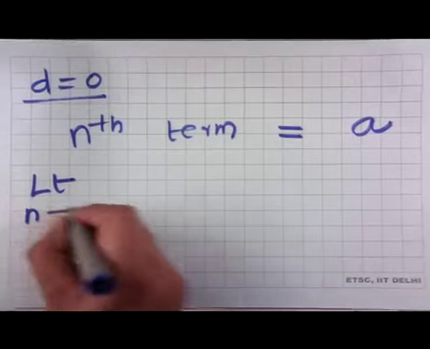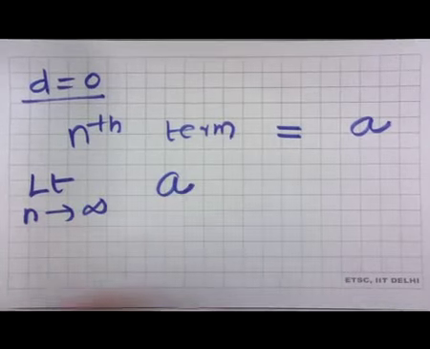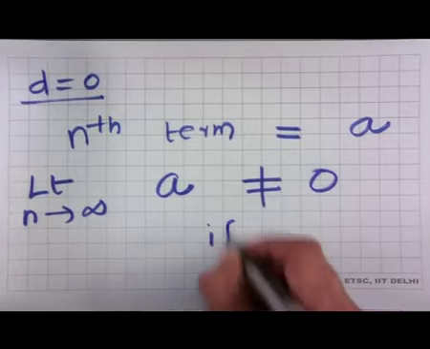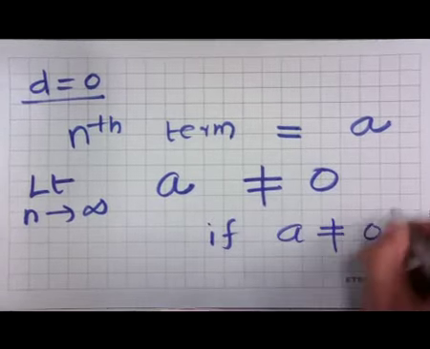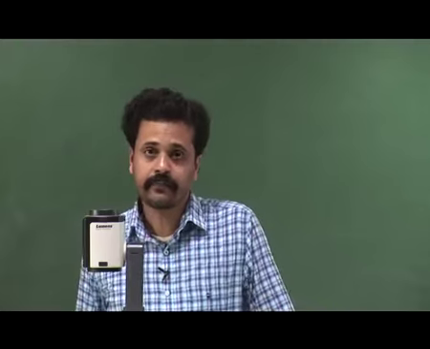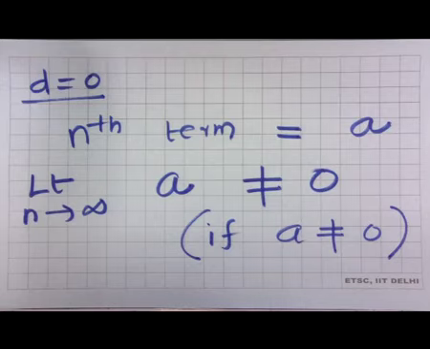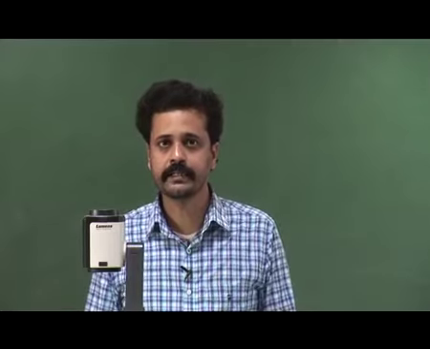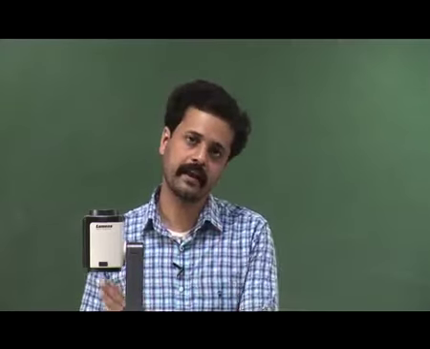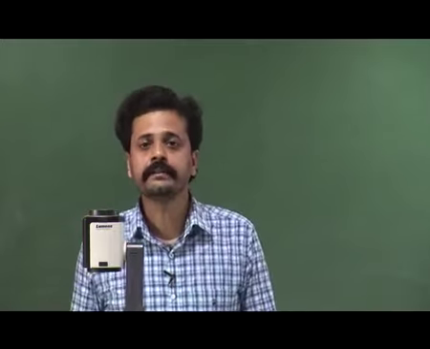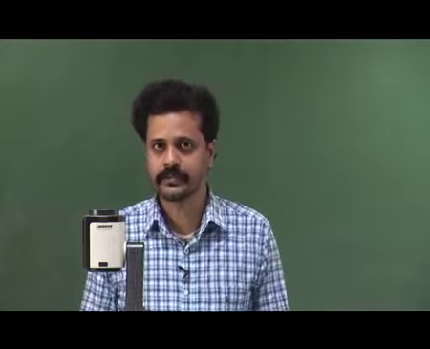The limit as n tends to infinity of a, which is the nth term, is not 0 if a is not 0. What we conclude is that if the common difference is 0 and the first term is not 0, then the arithmetic progression is a, a, and so on. Here the nth term is not coming close to 0.